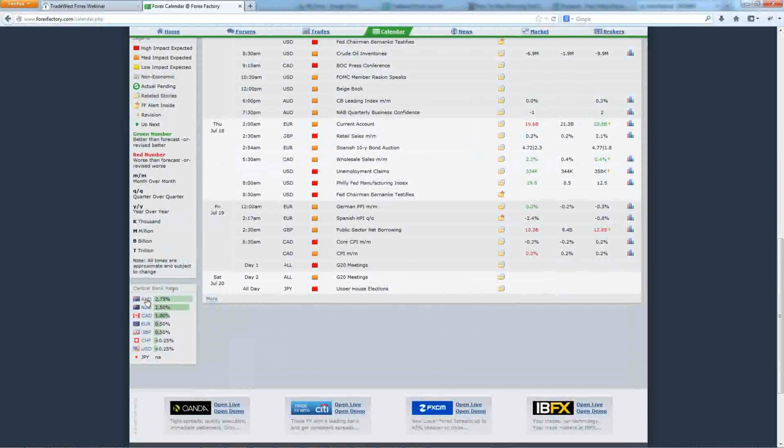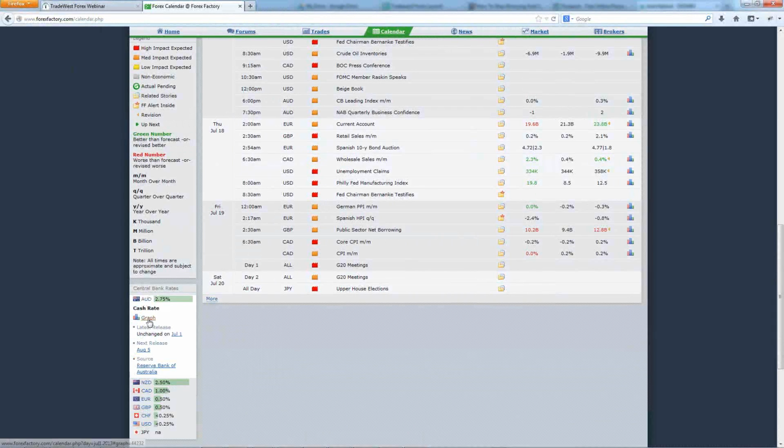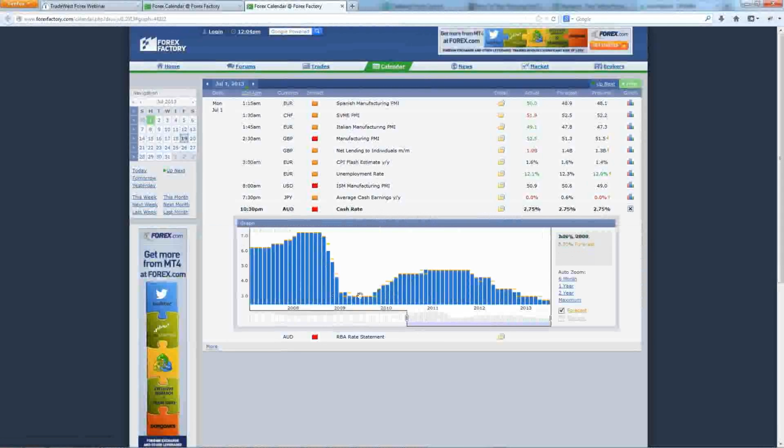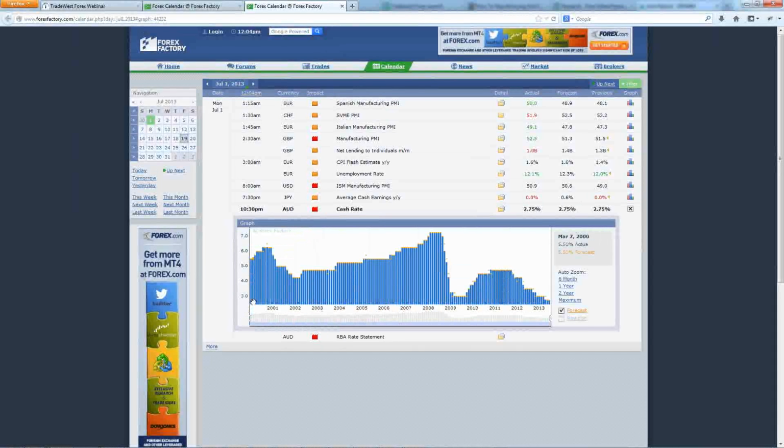So if I want to see what Australia, if I click on that, if I want to see what the past has looked like, right now it's 2.75, but if I click this little graph button, I can actually scroll all the way back to 2000. So it gives me quite a bit of data to look at. So I can see at one point their interest rates were 7.25, and then it dipped down to 3%. And now we're at the lowest they've been in over a decade at 2.75.